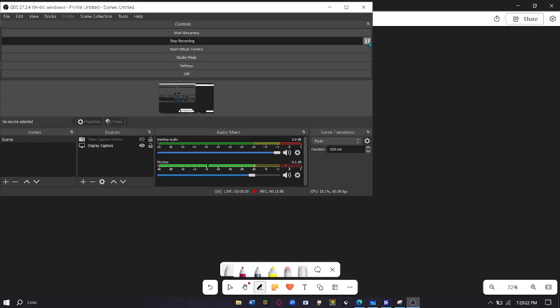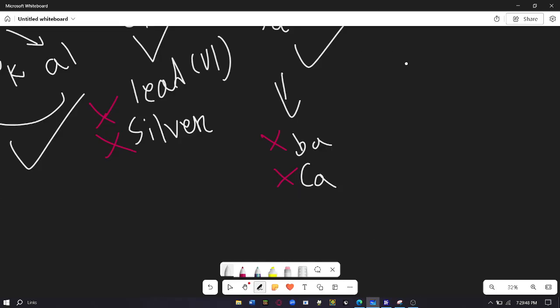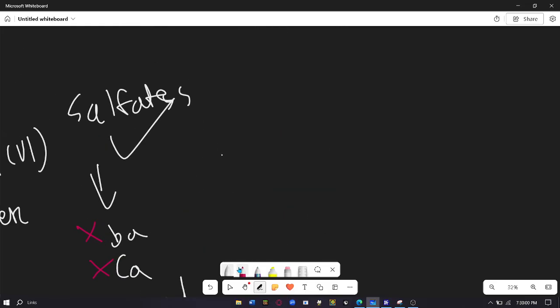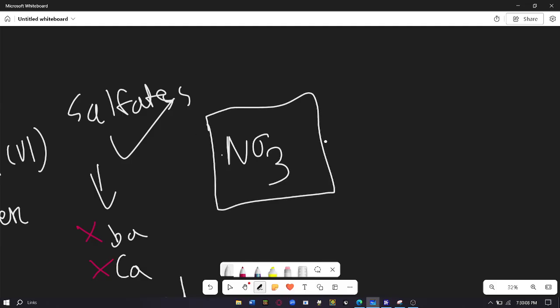This one is very hard to remember. Okay, barium, calcium, and lead 2. So lead has a bit of a trend with not being easily dissolvable. But you know what is easily dissolvable? Nitrates, NO3s. It is very magical because all nitrates are soluble. There are no exceptions for this one.